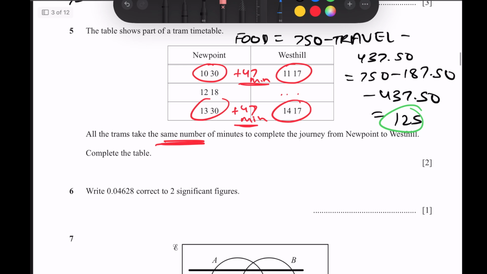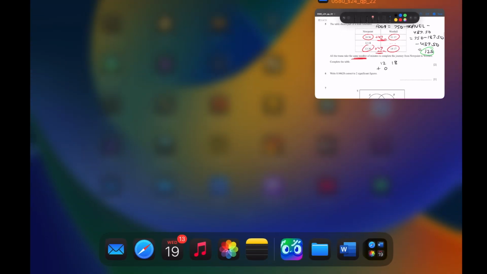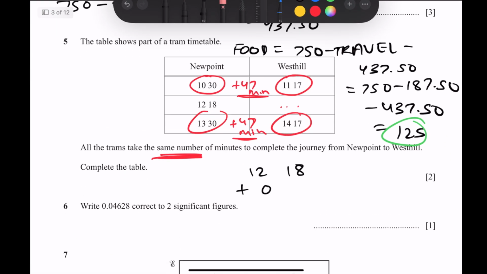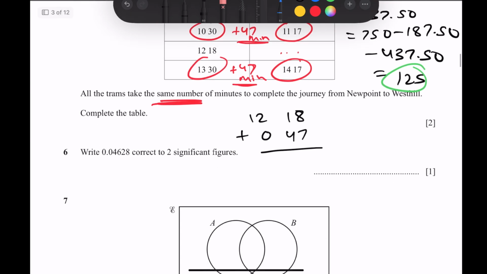So for this, we add 12:18 plus 47 minutes. On the minute side, 8 plus 7 is 5, and 1 carries over. 4 plus 1 plus 1 is 6, so 65. On the hour side, 2 plus 0 is 2, and 1 is brought down, so 12. However, the minute side cannot have 65 because the largest possible is 60, i.e. 00.